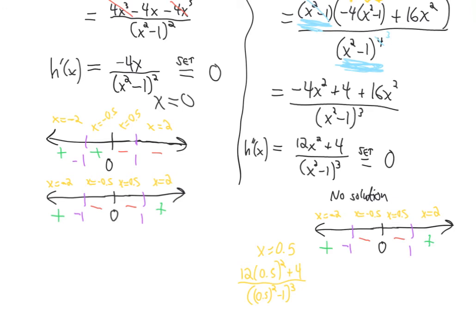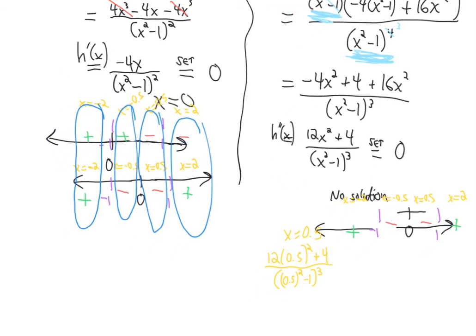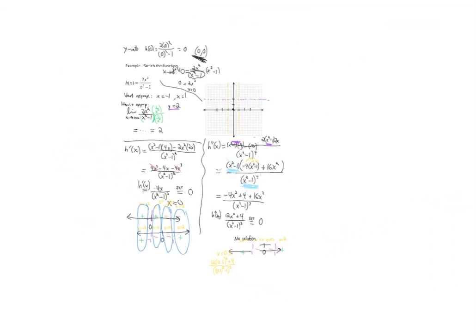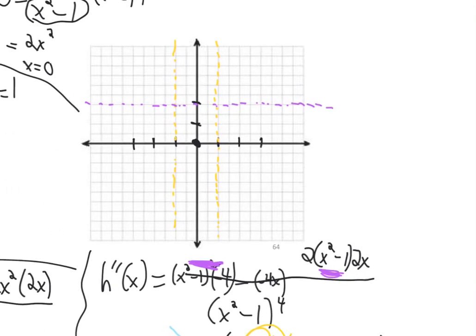So what we have is increasing and concave up, increasing and concave down, decreasing and concave down, decreasing and concave up. So our graph is going to be, let's see, it was increasing and concave up before.